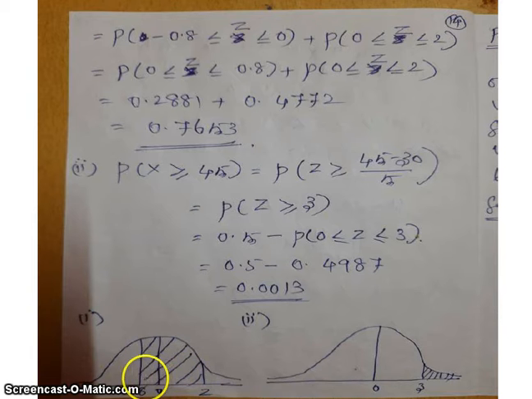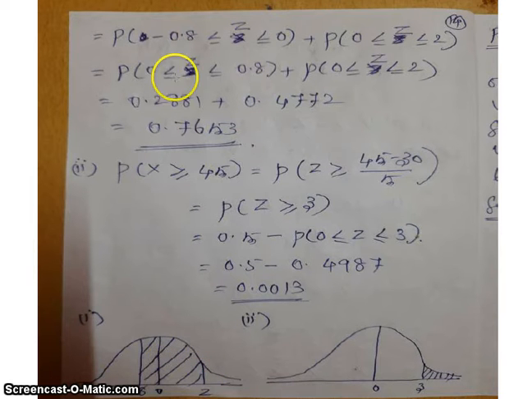So you will not have a table value for minus. You take the table value for plus, because both areas are the same. So you take P of 0 less than or equal to z less than or equal to 0.8, plus 0 to 2. If you calculate this, you will get the total area.